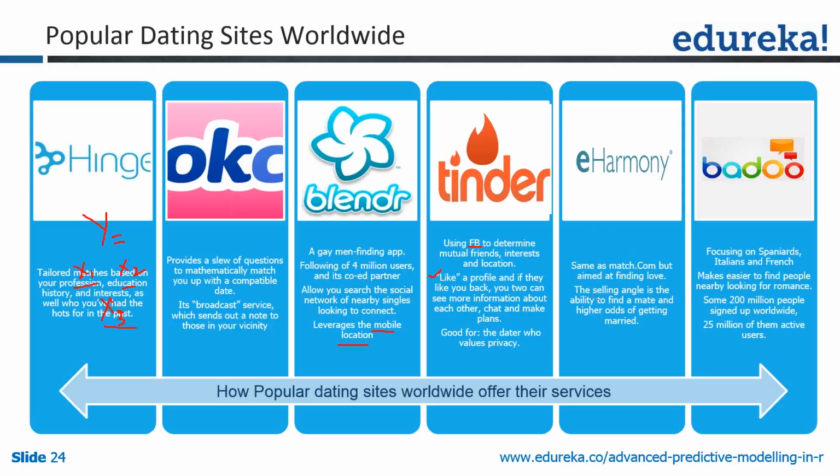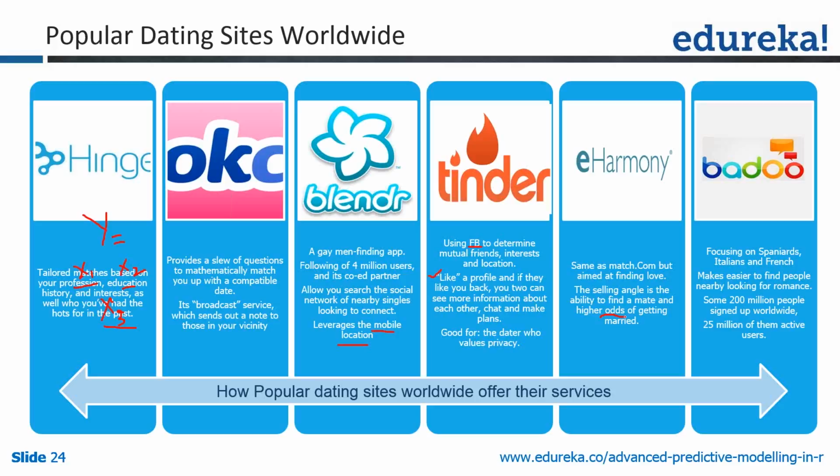And then you have eHarmony, right? Here you have higher odds of getting married. So what you can predict is basically, if there are two people who liked each other, what is the probability that they might get married? Right? Or what is the probability that they might get separated?